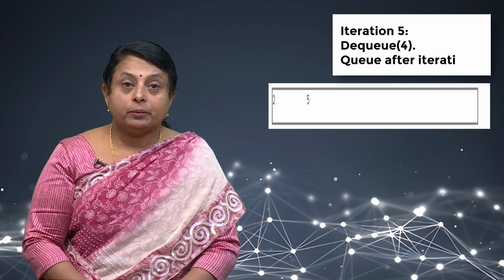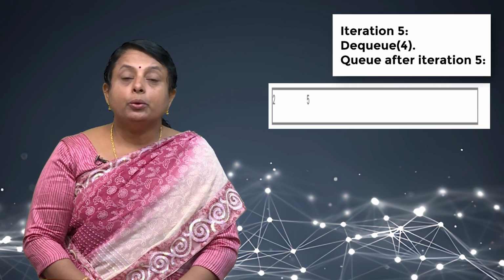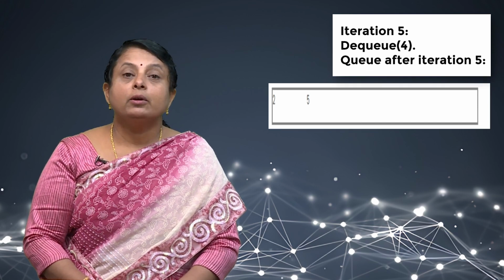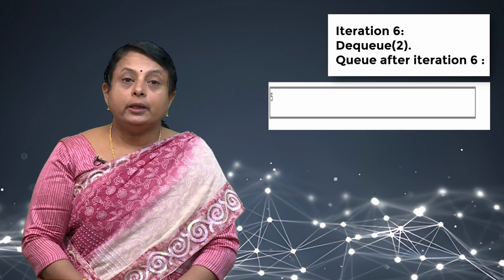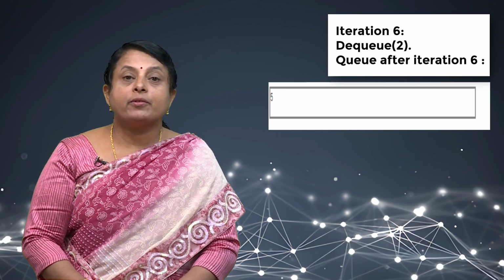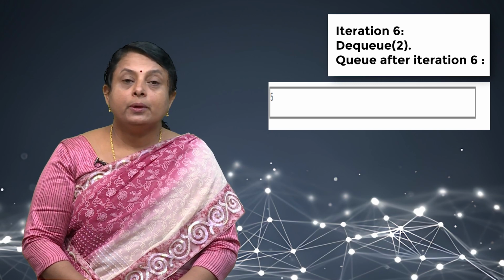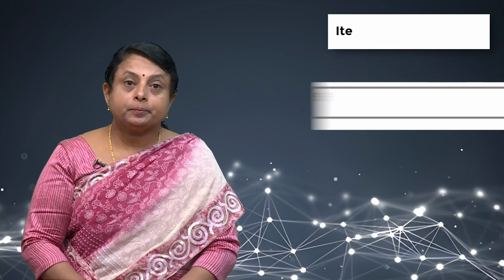So, Q after iteration 4 will be having nodes 4, 2 and 5. Iteration 5, DQ 4, Q after iteration 5 will have 2 nodes 2 and 5. In the next iteration 6, DQ 2, Q after iteration 6 will have a single node 5.